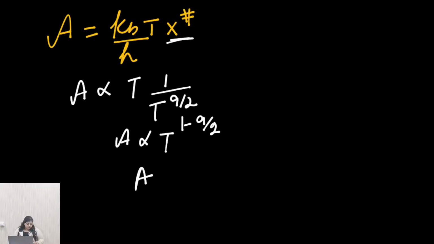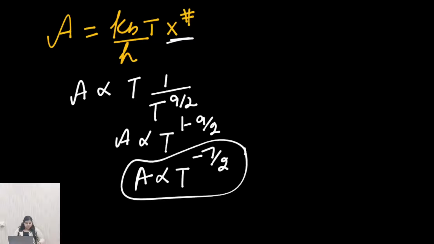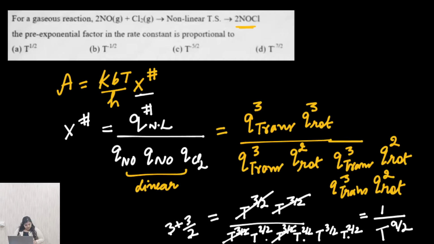That means A is proportional to T raised to the power of minus 7 by 2. So this is going to be your answer. From the options, it is given in option D that A is proportional to T raised to the power of minus 7 by 2.